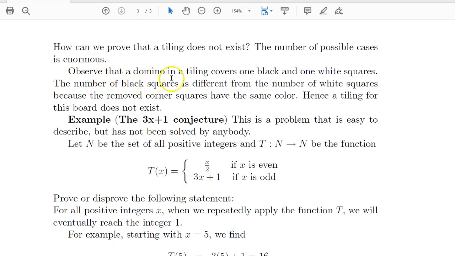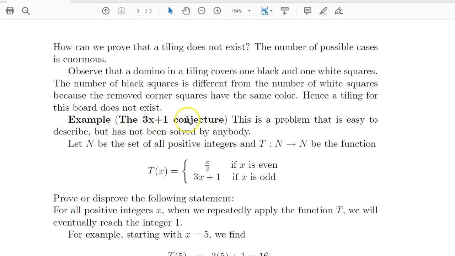Observe that a domino in a tiling covers 1 black and 1 white square. The number of black squares is different from the number of white squares because the removed corner squares have the same color. Hence, a tiling for the board does not exist.